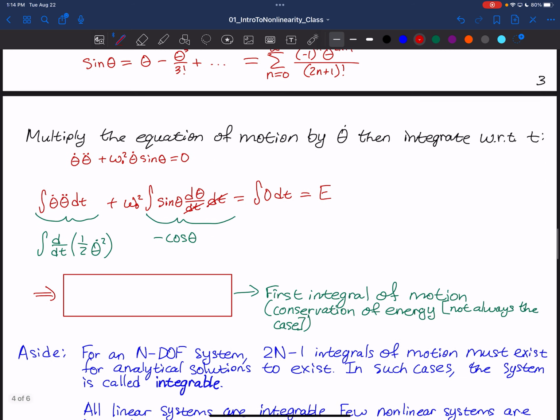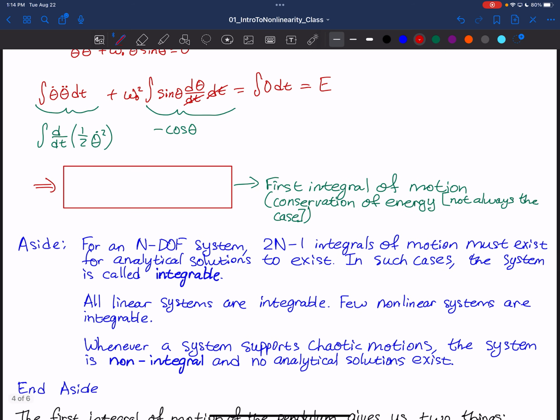And by the way, that first integral, we're missing a dt there, evaluates to being just 1/2 theta dot squared. So we get 1/2 theta dot squared minus omega 0 squared times the cosine of theta, and that's equal to e. And this is known as the first integral of motion.